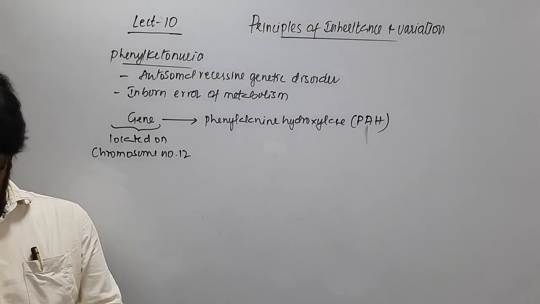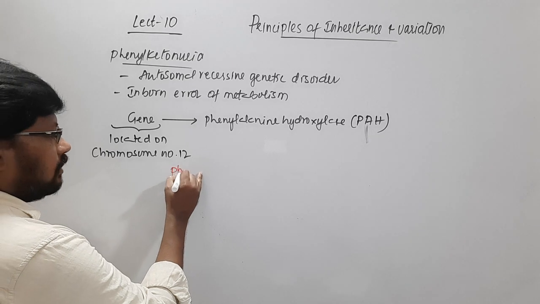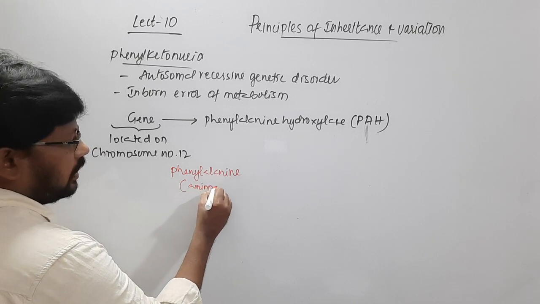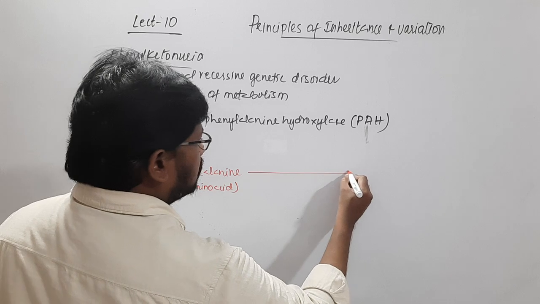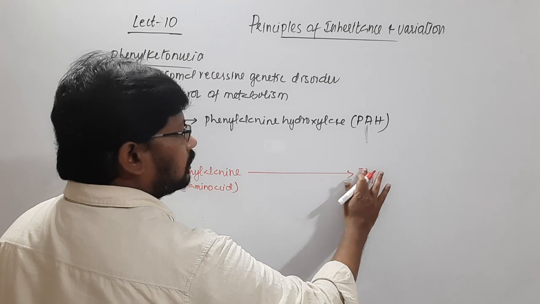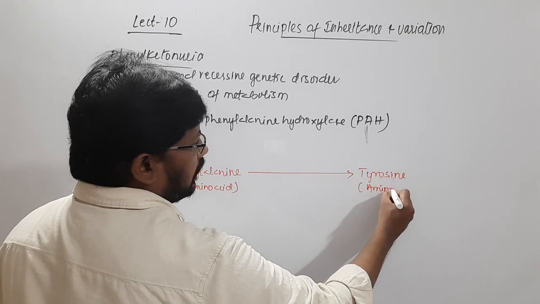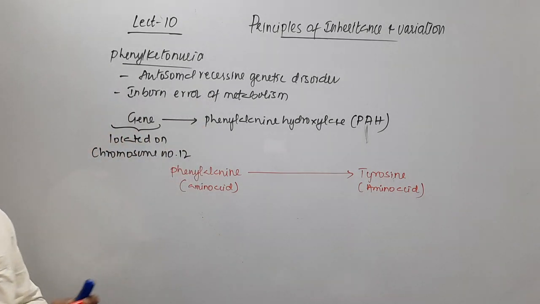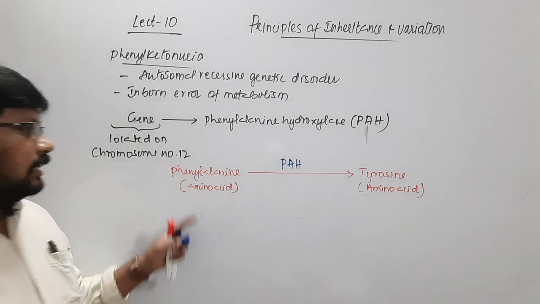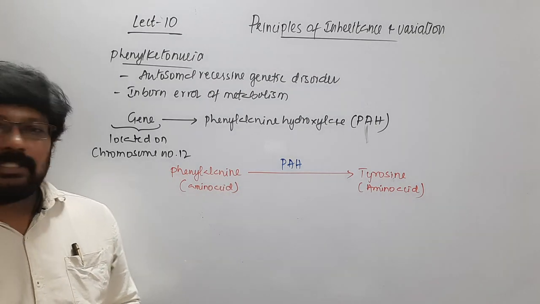Now what this enzyme does: it converts an amino acid called phenylalanine into another amino acid called tyrosine. So PAH converts the amino acid phenylalanine into another amino acid, tyrosine.